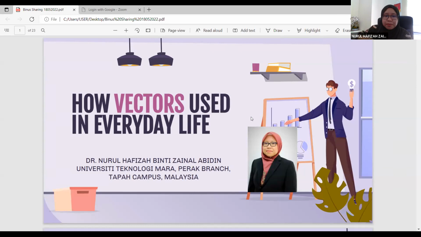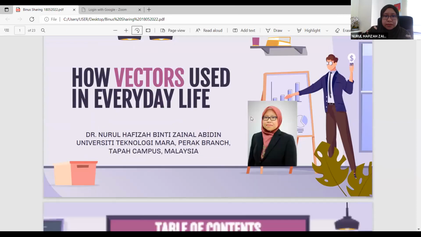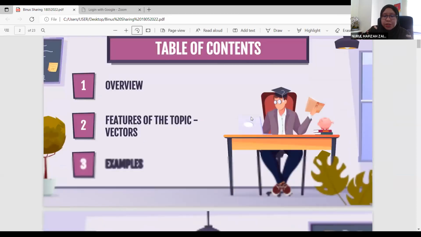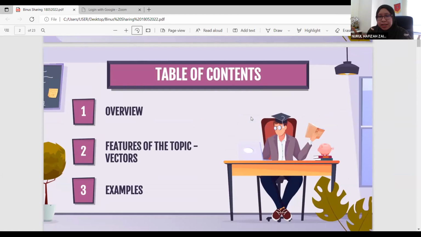Okay, so how vectors are used in everyday life. Oh, okay, I have to scroll down. Okay, so the table of contents, I will share a little bit of overview. Why you need to learn mathematics, why do all courses, whatever program you are in, need at least one foundation class of mathematics, or maybe foundation of applied mathematics, maybe the name of the course.